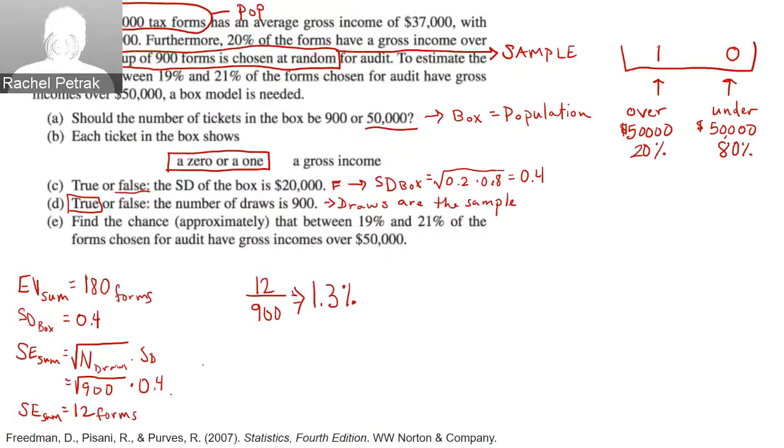Thus, the percentage of forms in the sample with gross incomes over $50,000 is 20%.